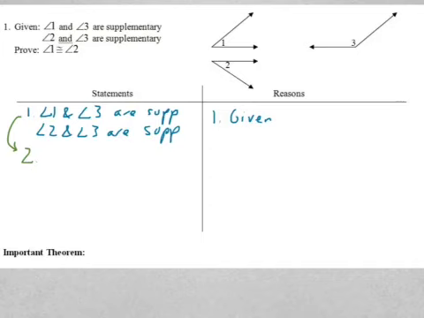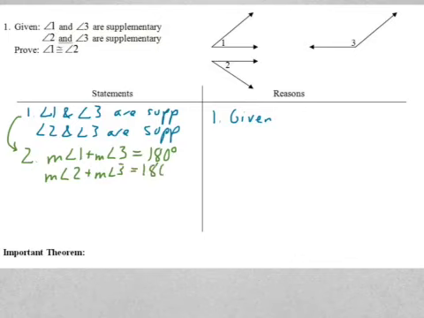So how could I use the fact that 1 and 3 are supplementary and 2 and 3 are supplementary? Well, I do know what supplementary means, so I would say that measure of angle 1 plus measure of angle 3 equals 180 degrees. I can also say that measure of angle 2 plus measure of angle 3 equals 180 degrees.